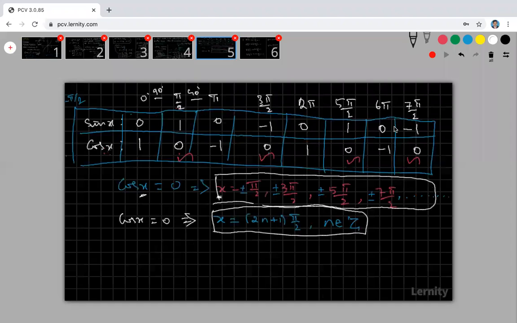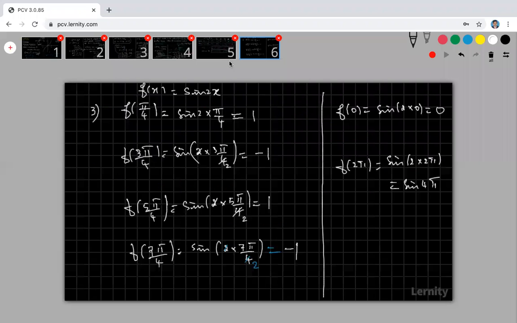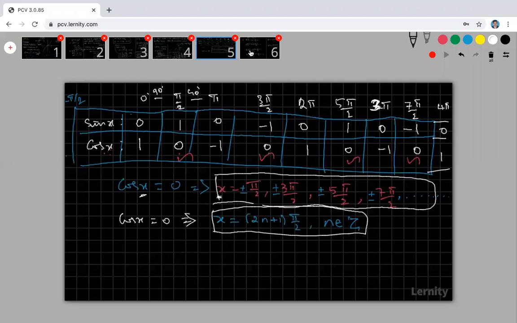See the table. 6 times pi by 2, sorry, this is 3 pi. Here you will get 4 pi. Next one is 4 pi, 8 times pi by 2 is 4 pi. So here it is -1, here it is 0, here it is +1. My 4 pi value is 0.